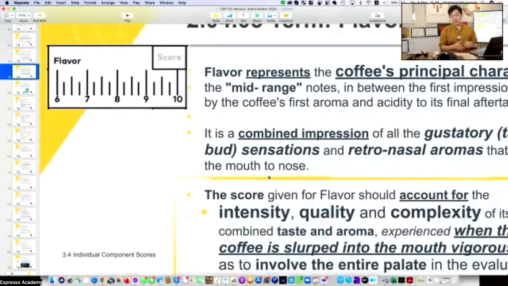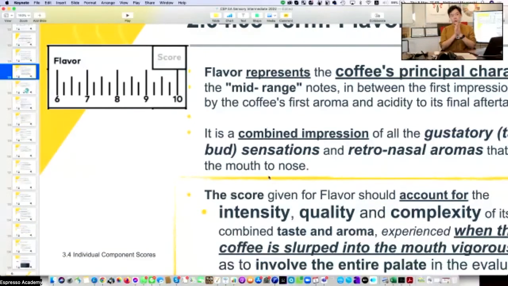Then flavor. We will talk about flavor when we score flavor from hot to tepid to cold. Okay, so hot, warm, and cool. You score 3 times. First time when you first sip, that's about 8 or 10 minutes, right? Second round, third round, and then you find the balancing score of the 3, okay?